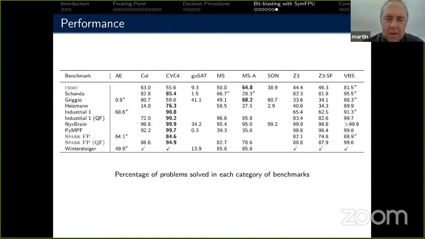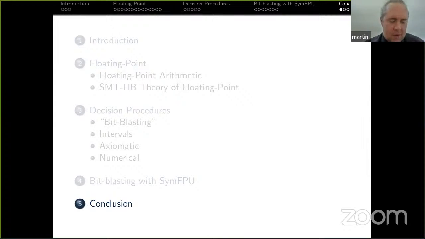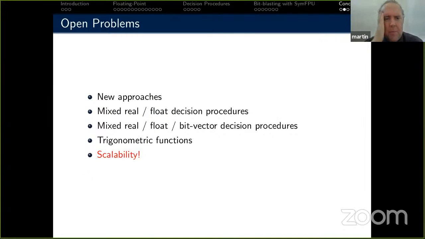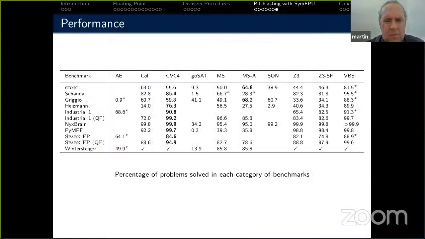So anyway, conclusions. Right, so open problems, new approaches. So he talks about those sort of 4 areas, and in some ways these results are good. You know, published, we got the fastest solver, or at least we had, and now Bitwuzla's faster.